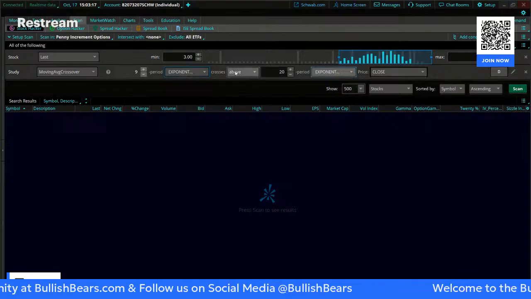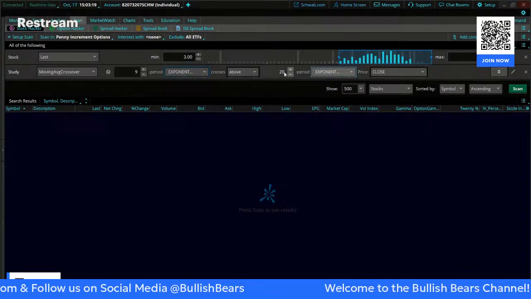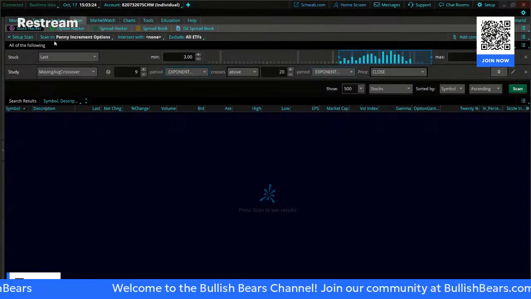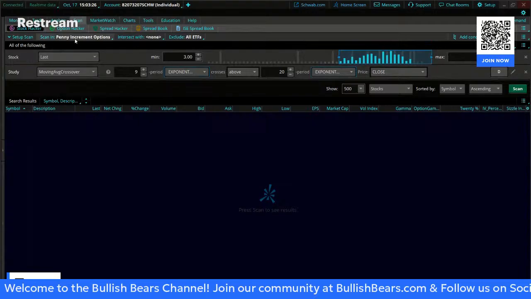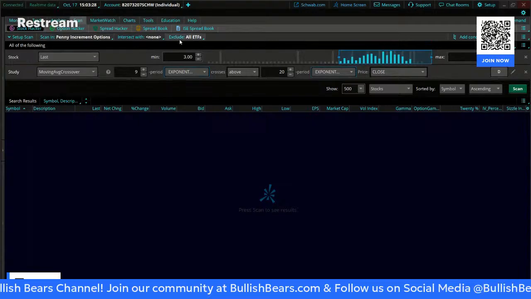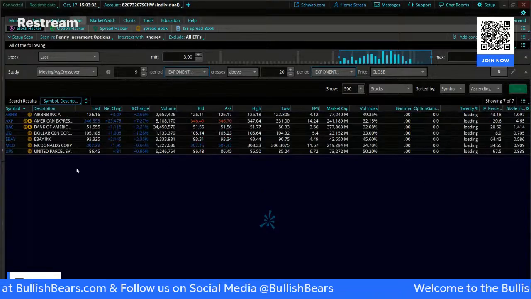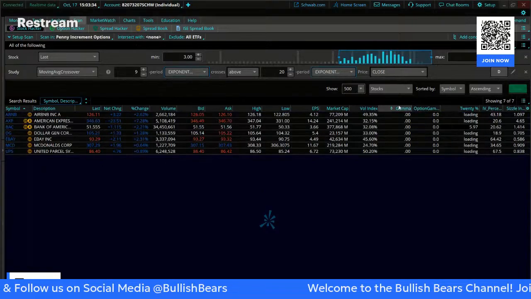So we've got the daily 9 crossing above 20, exponential on both, in stocks that have penny increment priced options, and we're excluding all ETFs. And we got these 8, I think, 7.